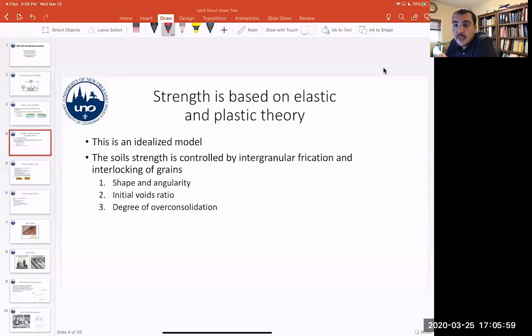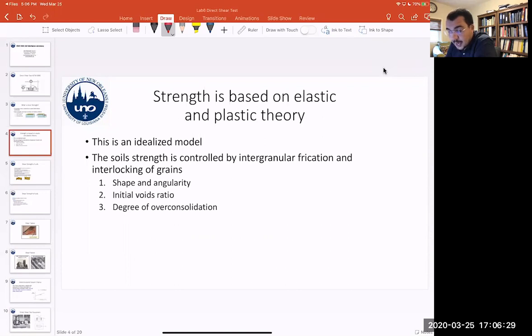By model, I mean the Mohr-Coulomb failure model, which we'll see in this lecture. We said that the strength comes from intergranular friction and interlocking. And we will see in this test that these two frictions play an important role in the shear strength of the soil. And that depends on a couple of things.